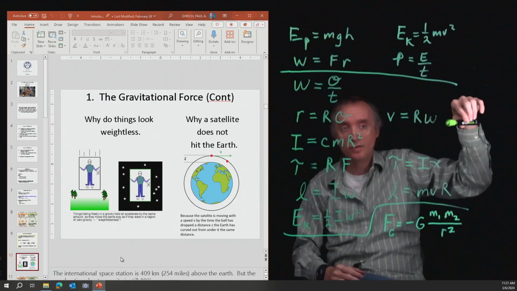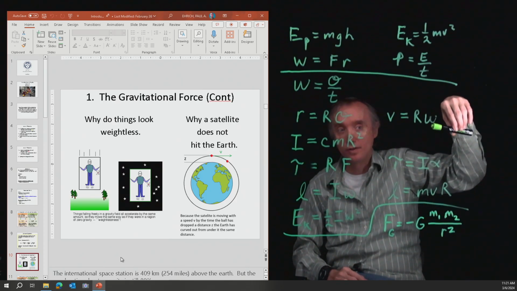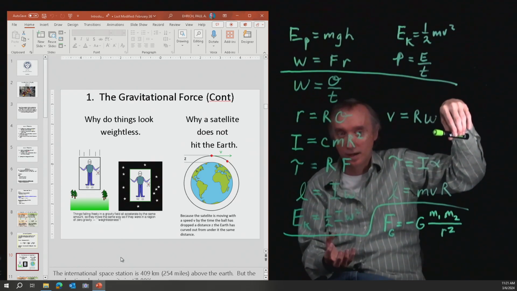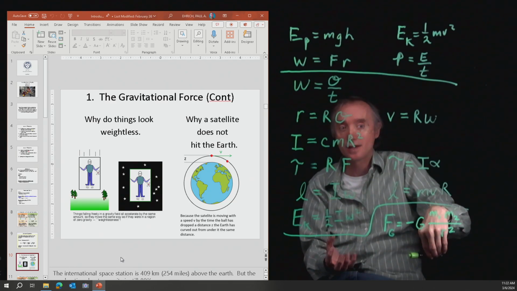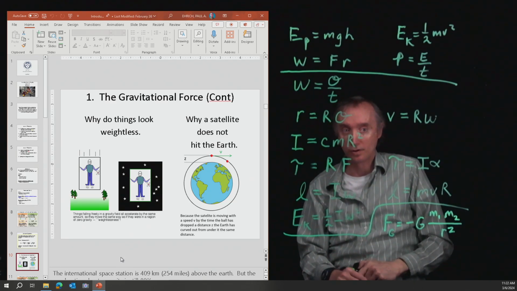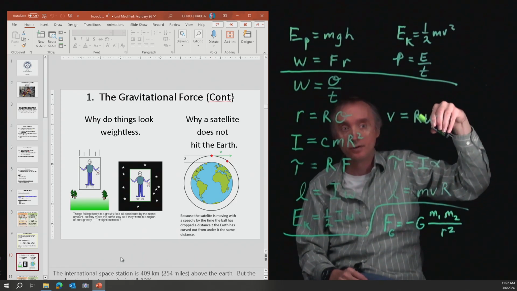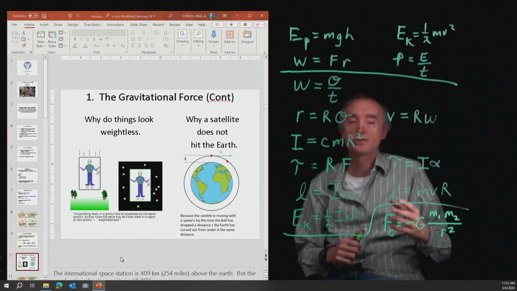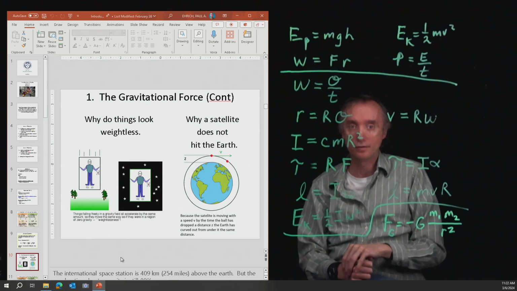But let's say that you've got an object in your hand and you drop it. Well, that thing is going to look like it's suspended in front of your face, but you're falling at a certain rate towards the Earth, and this is falling at the same rate towards the Earth. So therefore, it looks like it's just kind of floating around in front of your head. But in fact, everything is falling towards something else because of the force of gravity.